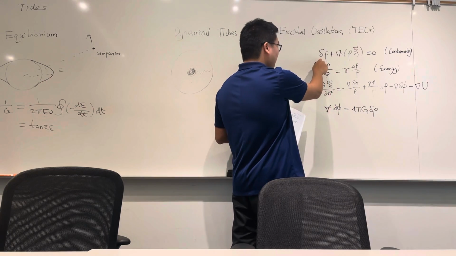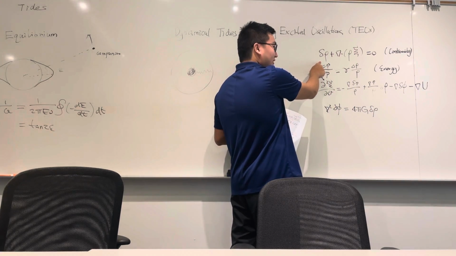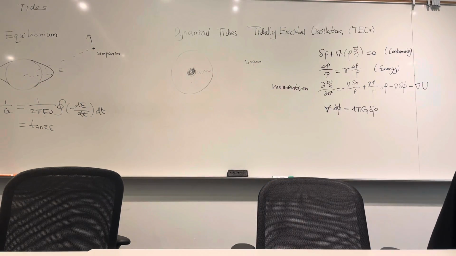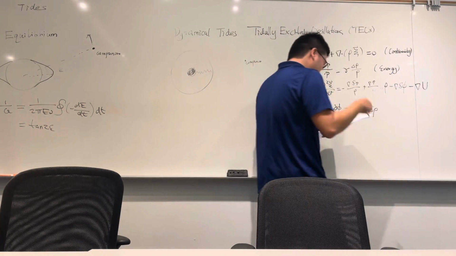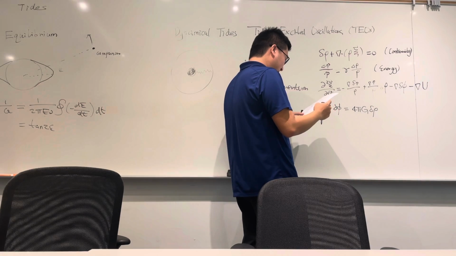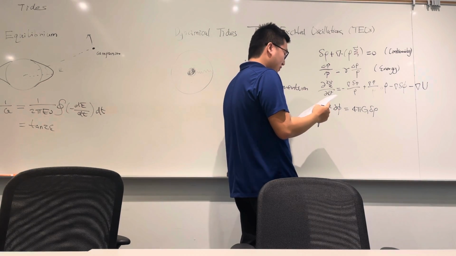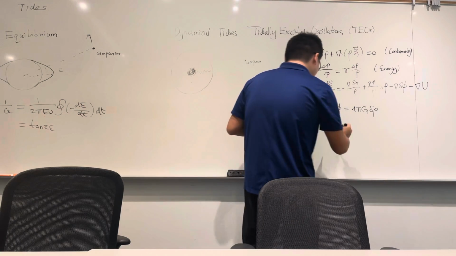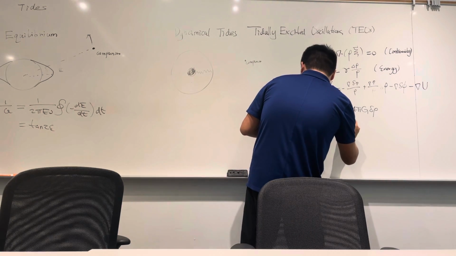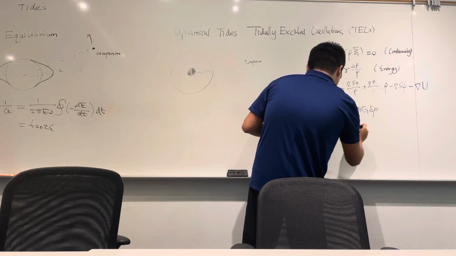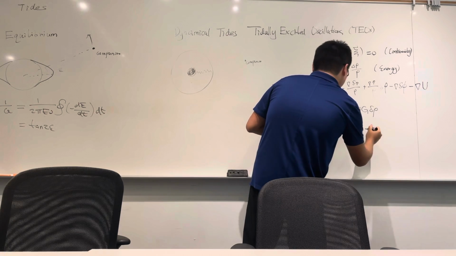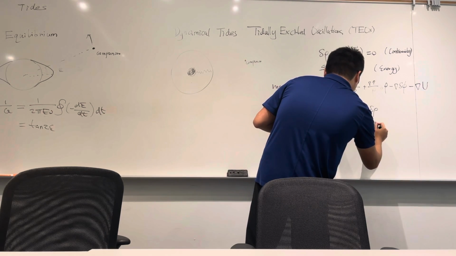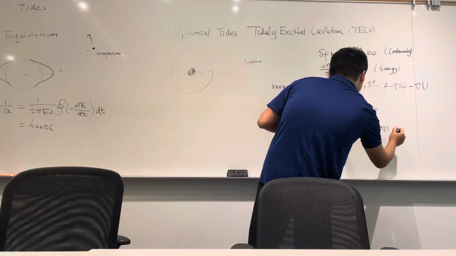Notice that all these small deltas are the Eulerian perturbation variables, and this big delta is the Lagrangian perturbation. So they are related by this, where this is the variable Q.